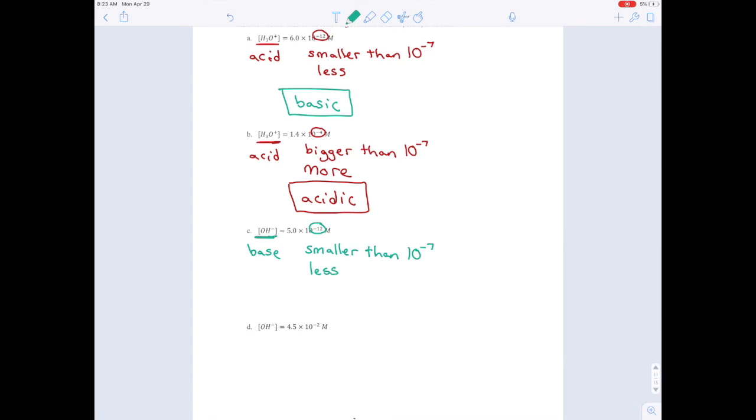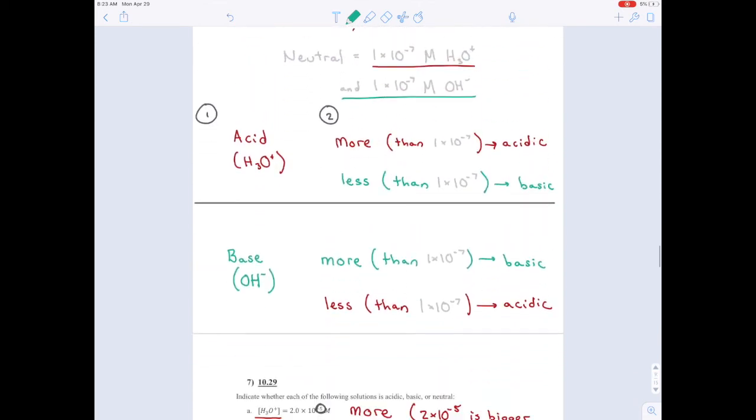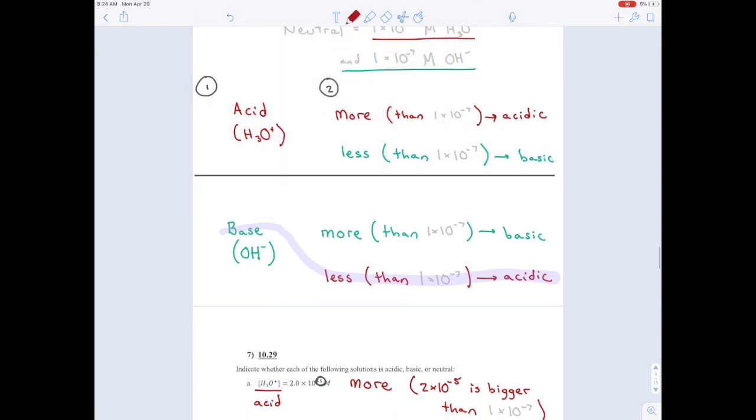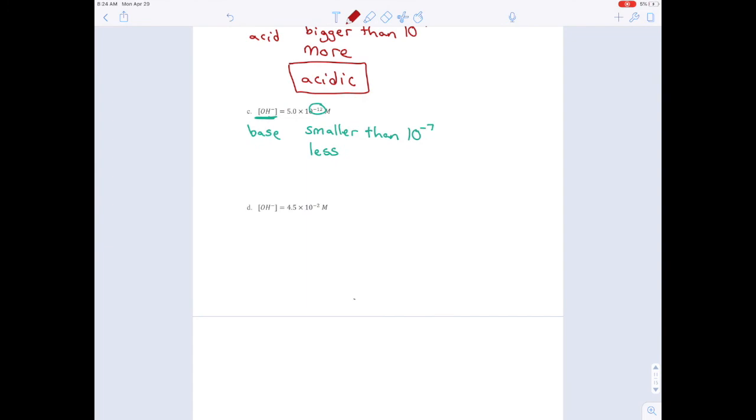So this solution has less base than neutral. Because it has less base, it's going to be the opposite, acidic. So this solution is acidic.